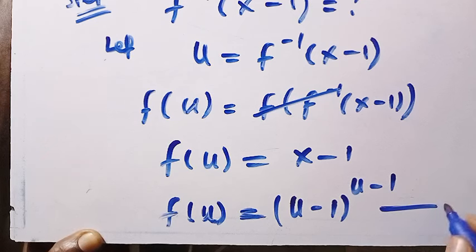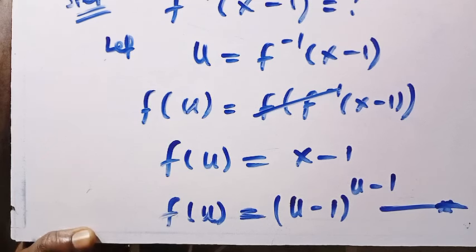Just like above, f of x equals (x minus 1) raised to the power x minus 1, we also have f of u equals (u minus 1) raised to the power of u minus 1.